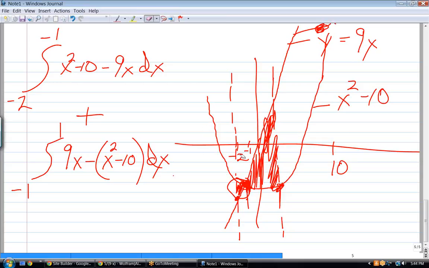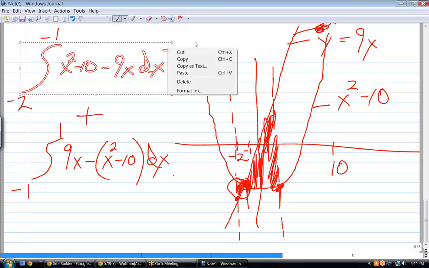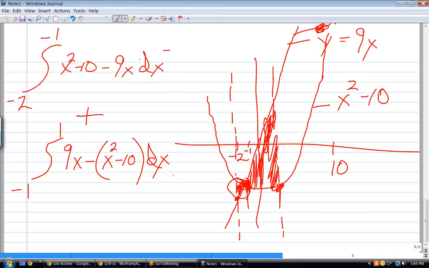So let me erase, and let me not erase that. Let's do that real quickly. I need more room. Let's integrate it first. Integrate this for me. Okay, so I'm getting my terms mixed up again. When you integrate, you add 1 to the exponent and divide by the new exponent. So that's x cubed divided by 3 minus 10x.